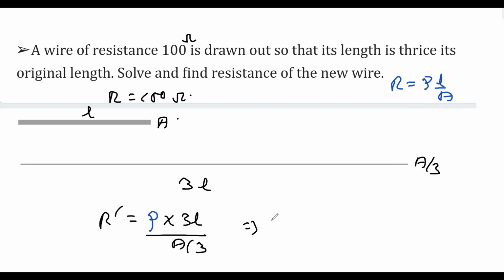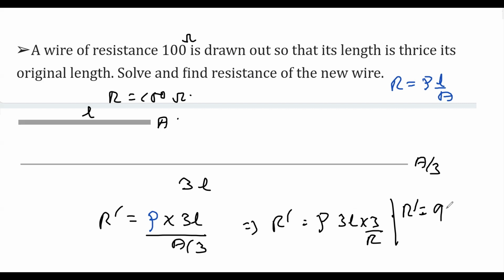Now solving this, what do we get? R dash is rho times 3L. Dividing by this is the same as multiplying with its reciprocal. So what we get here is R dash, which is rho, 9 times L. 3 into 3 is 9, right?